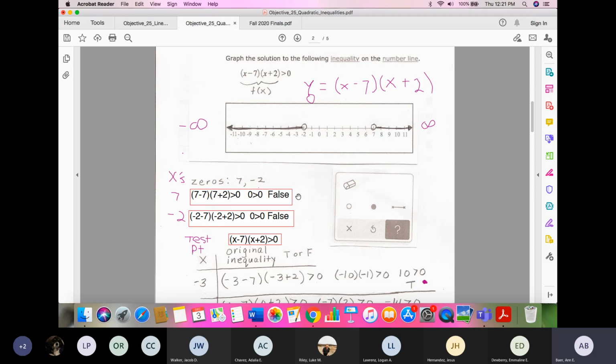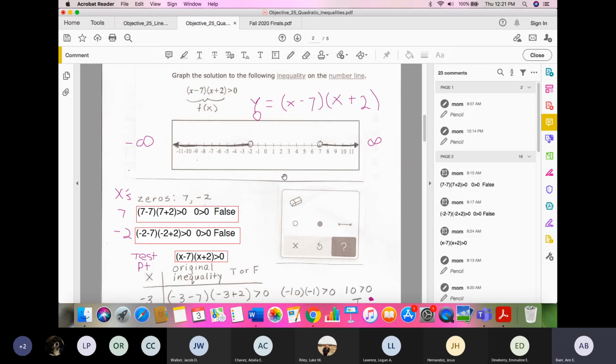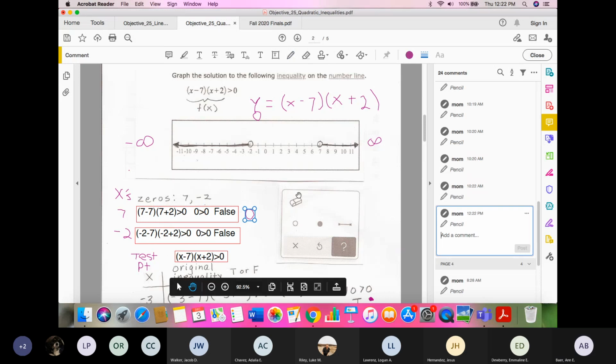So when this is false, you want to draw an open circle. You're going to click on this open circle here. And like I said, a circle is just a boundary. So this is where you get a false statement, you want to use a circle.